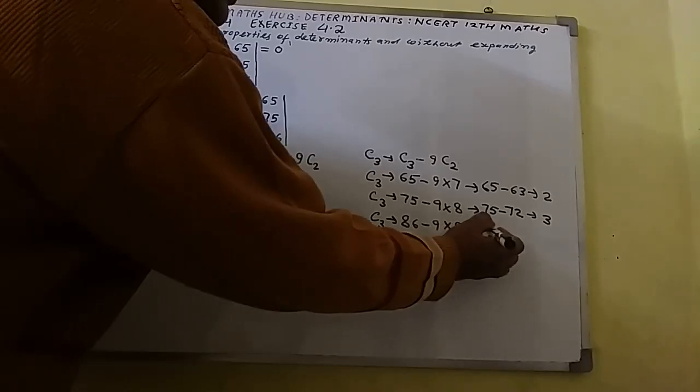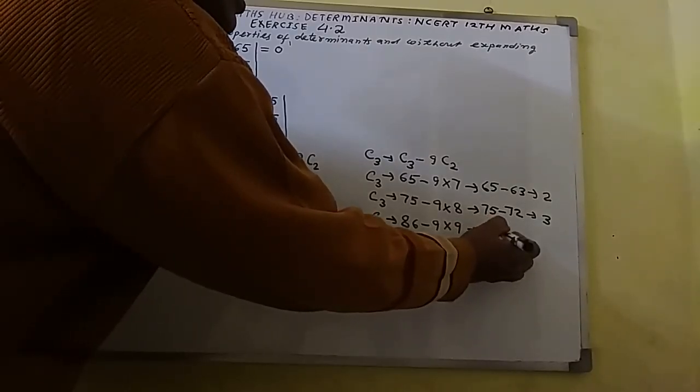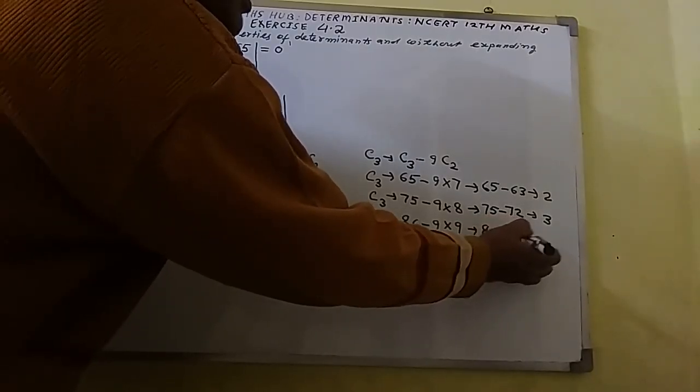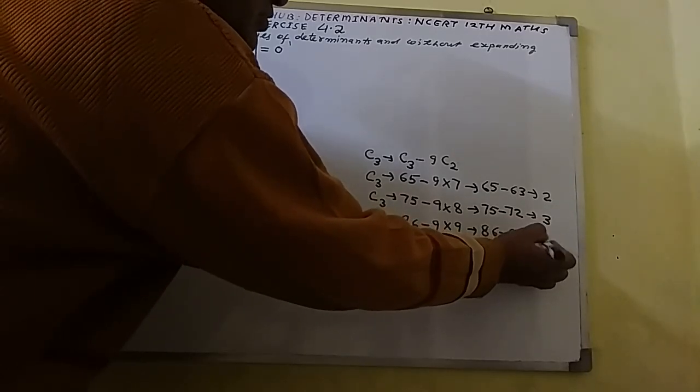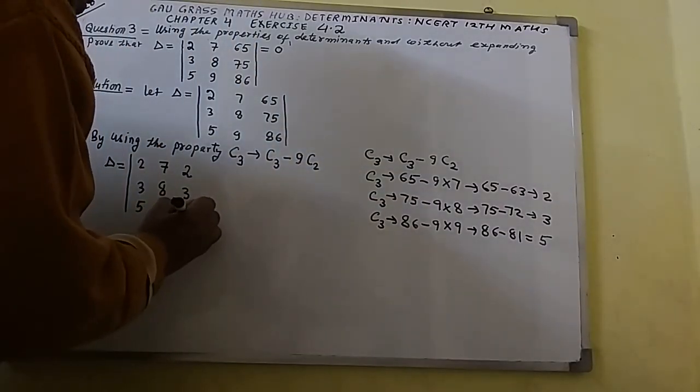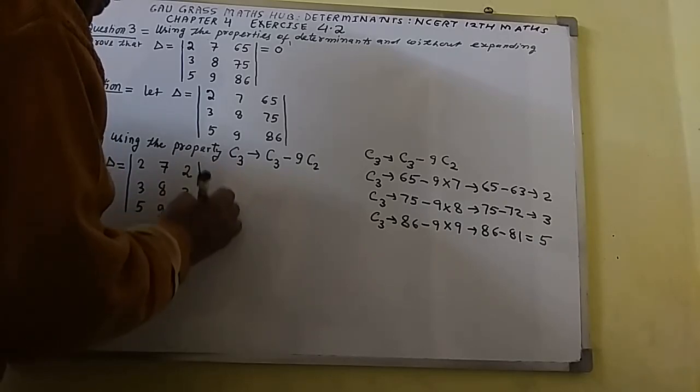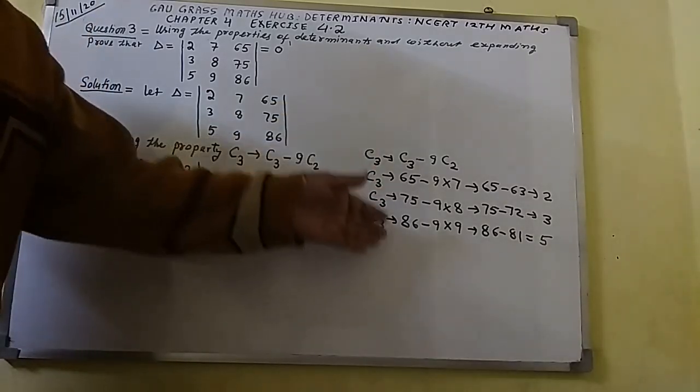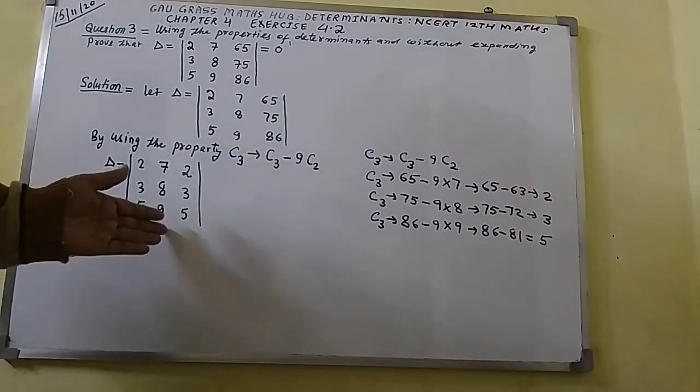You will get 86 minus 81, which comes out to 5. So write here 5. If you do the operation, you will get this.